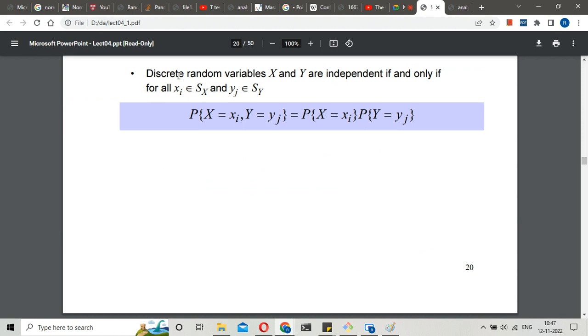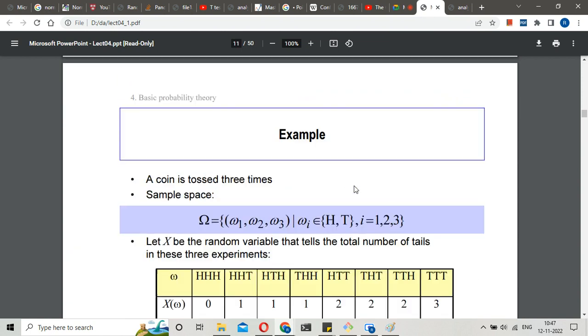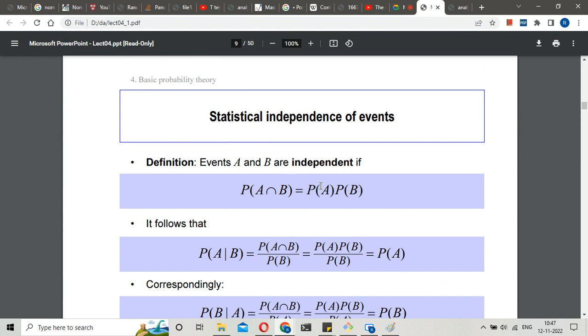And now the same formulas which we remember, P of A into P of B, we were writing, right? Independent events. So suppose, what is the probability of you getting 100% marks in the maths exam, and your brother or sister getting marks in the exam? They are independent of each other.